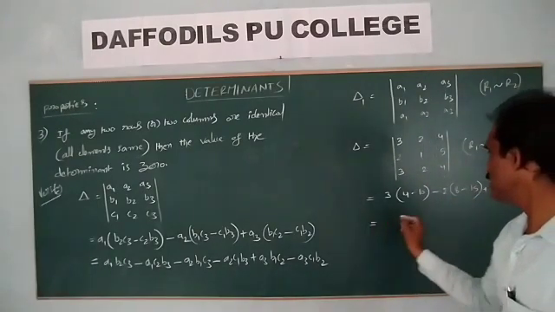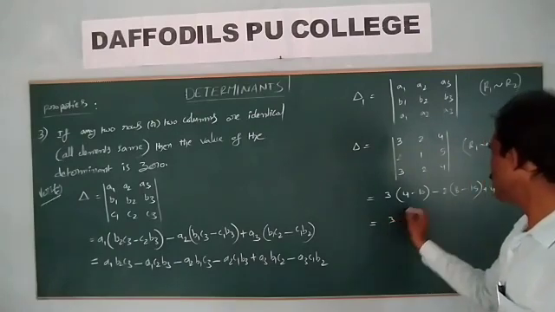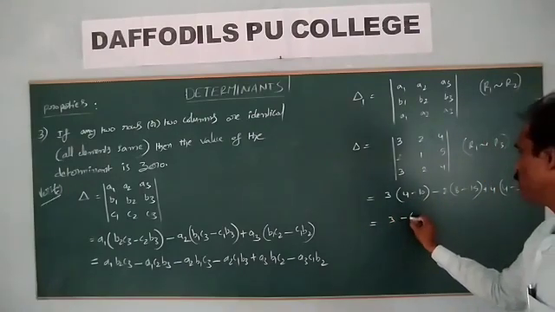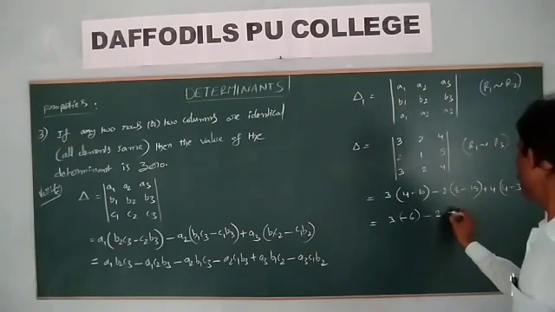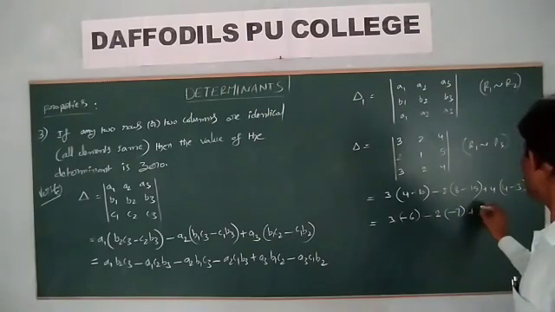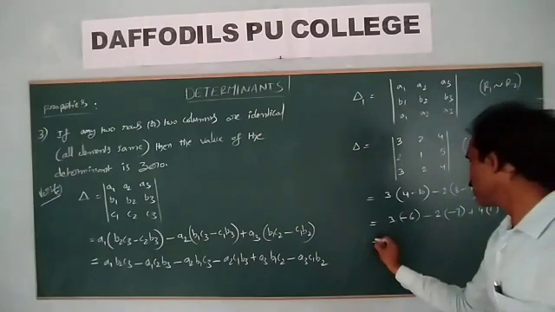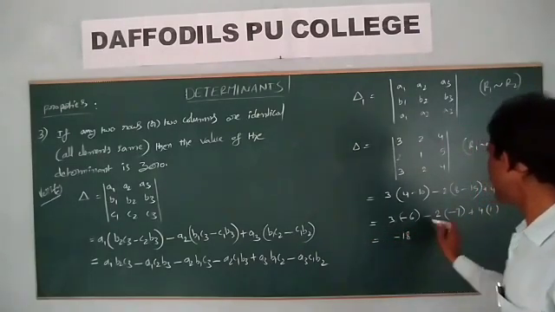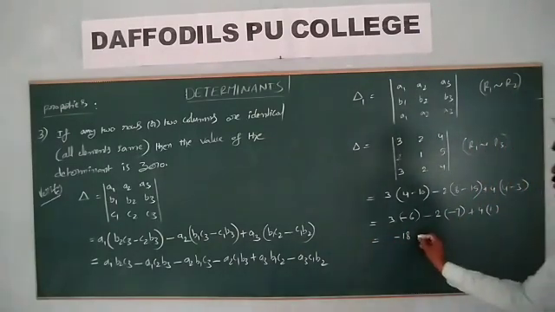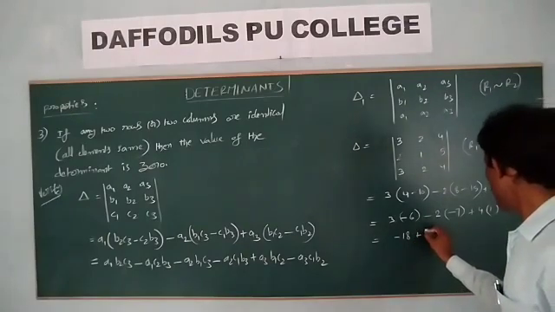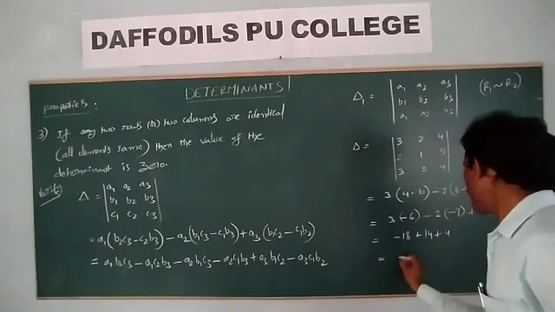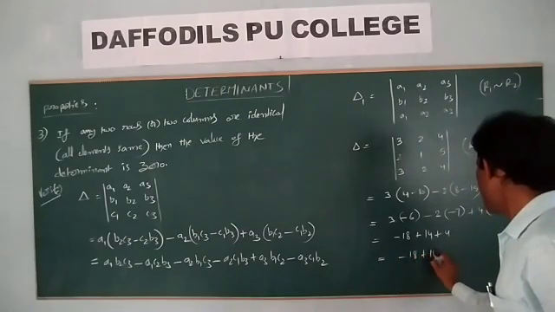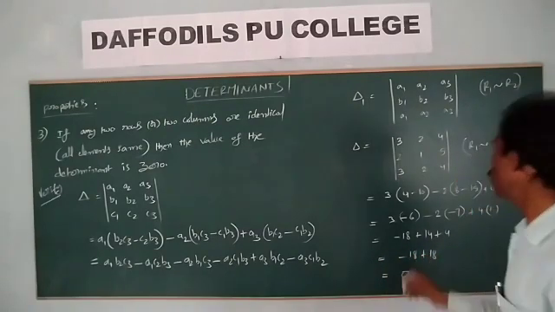So 3 of 4 minus 10 is minus 6, minus 2 of 8 minus 15 is minus 7, plus 4 into 1. That implies minus 18, minus into minus plus 14, plus 4, minus 18 plus 18; the value is equal to 0.